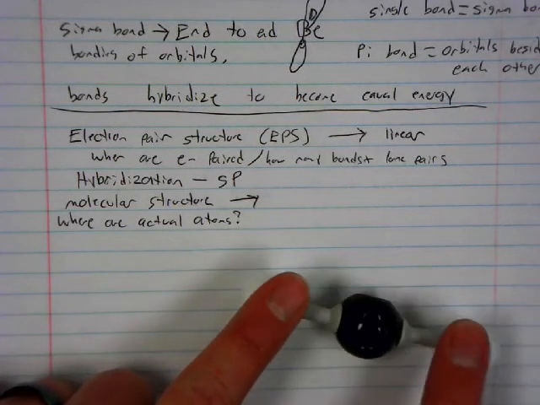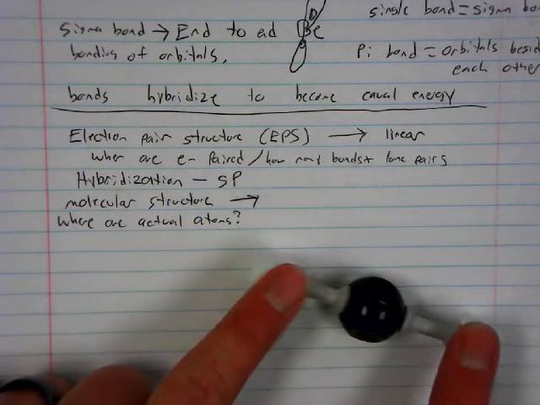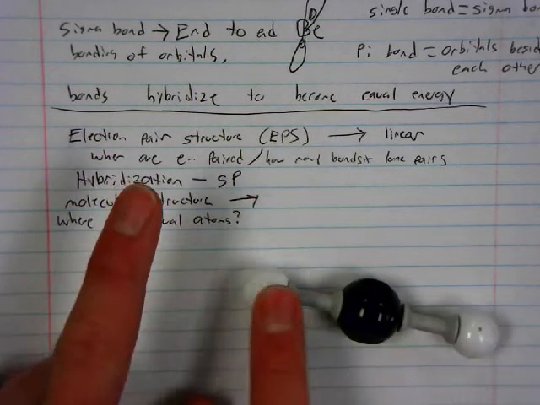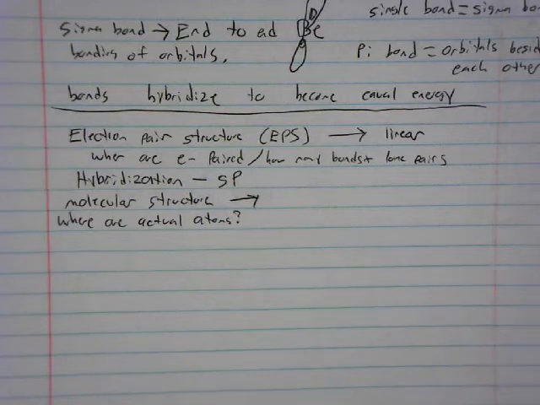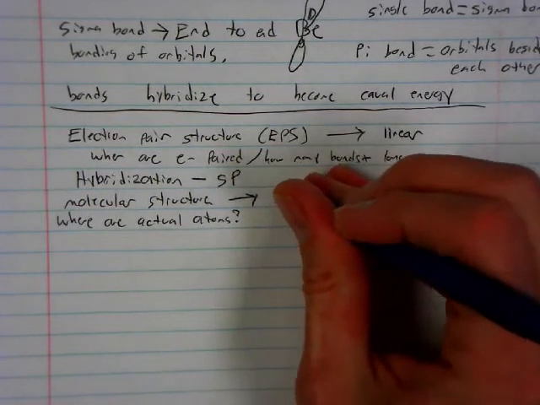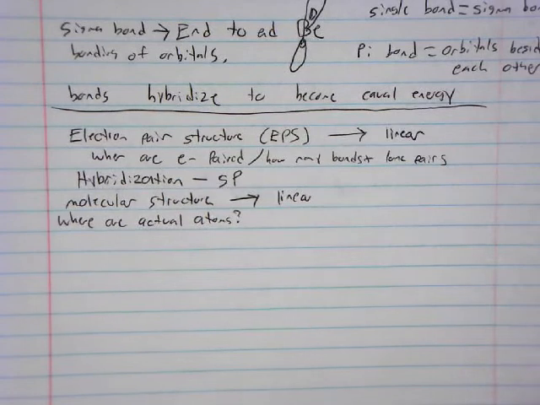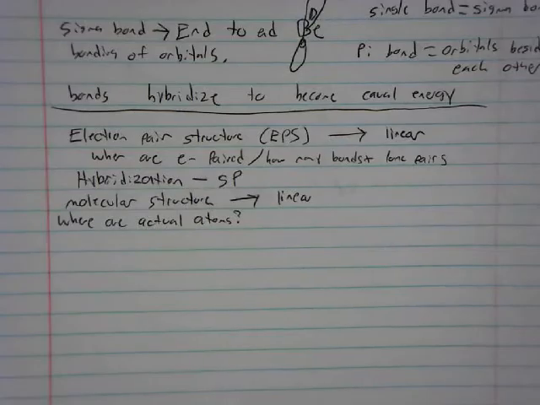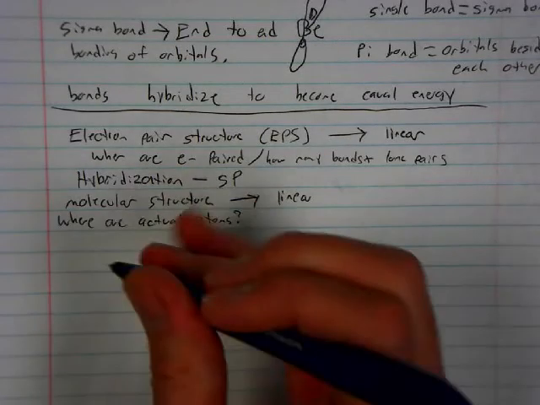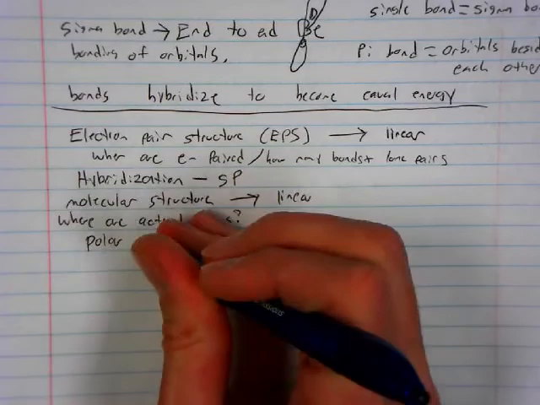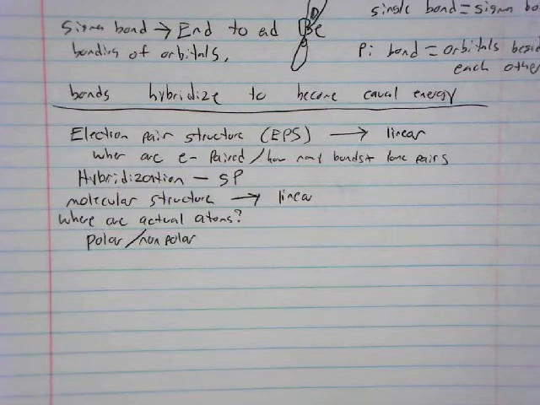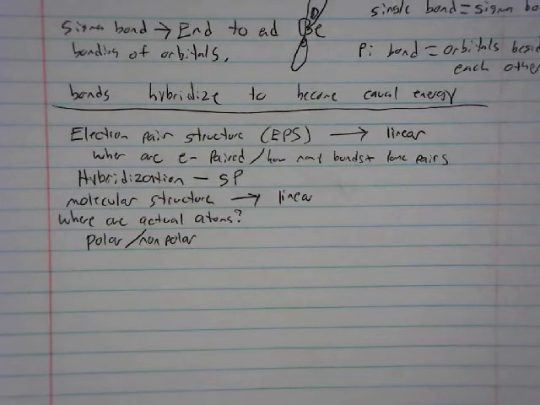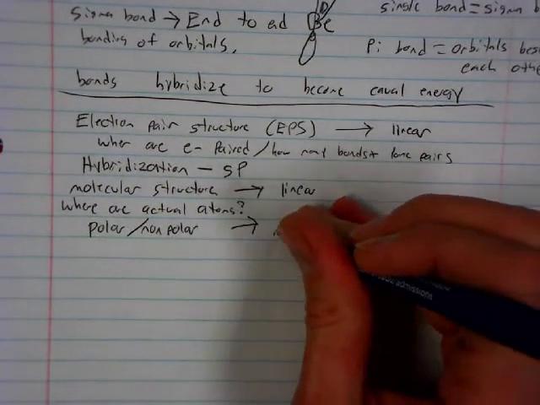So my atoms are my hydrogen. Agreed? So on this one, my molecular structure is actually the same as my electron pair structure. Because I have an atom here and an atom here, they are in a straight line. So my molecular structure is also linear.